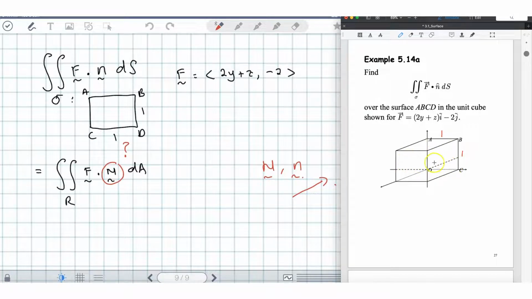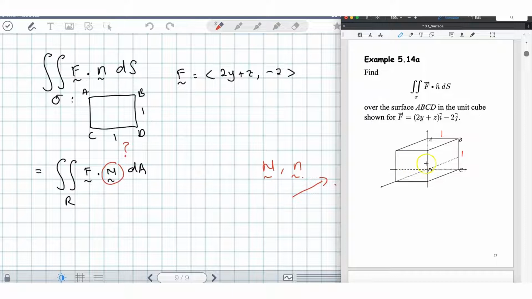So imagine this is a cube, and you have this surface ABCD. What is the direction of n, or unit normal, so that the flow always points outward to the surface?